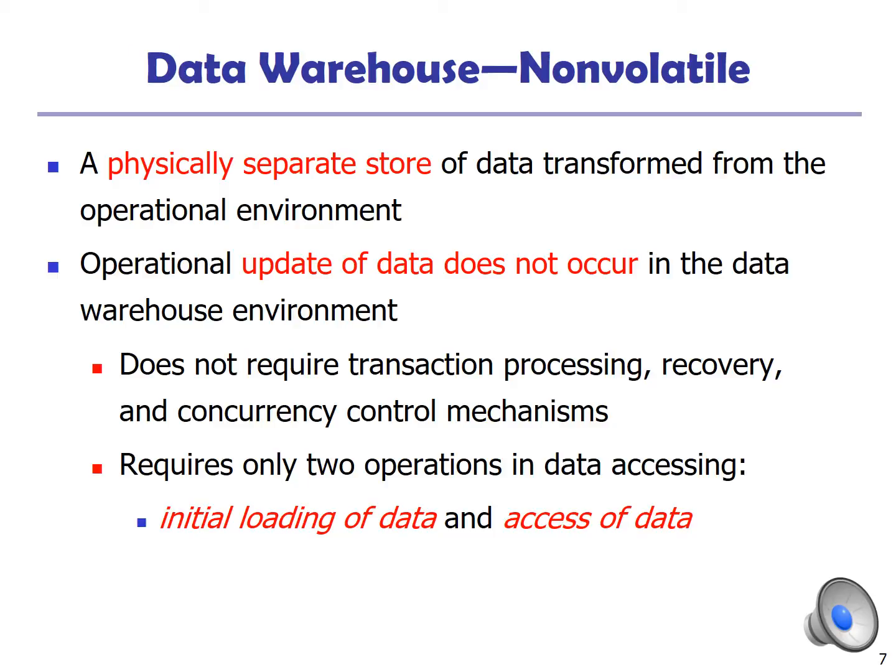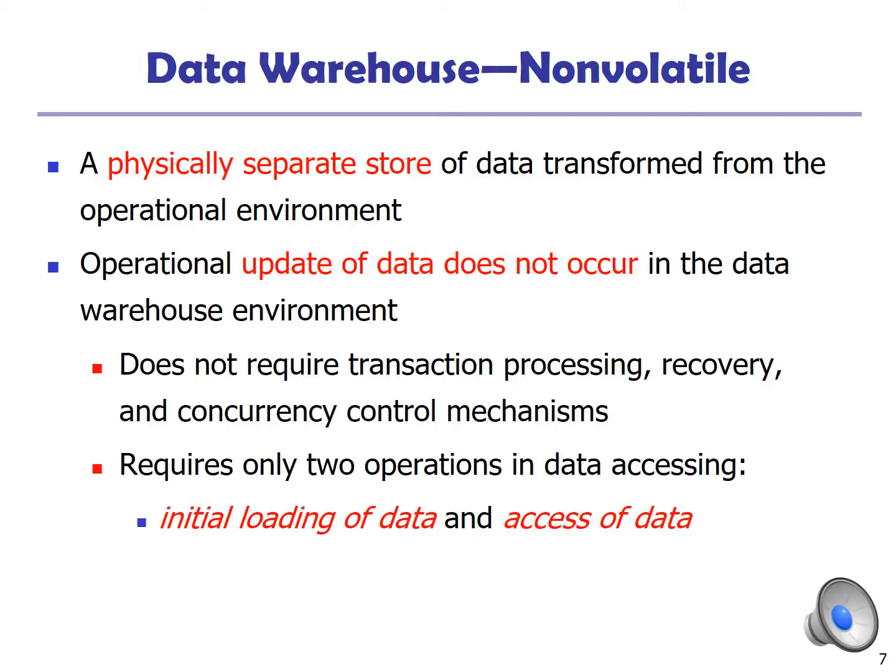Now let's see why we call the data warehouse data non-volatile. It's a physically separate store of data. We have made that sufficiently clear, right? So the data warehouse data is completely different from the operational day-to-day data.